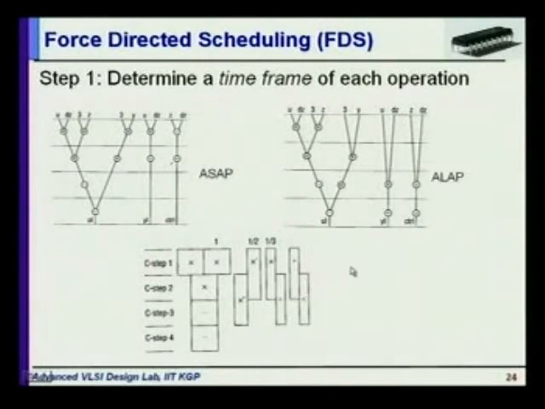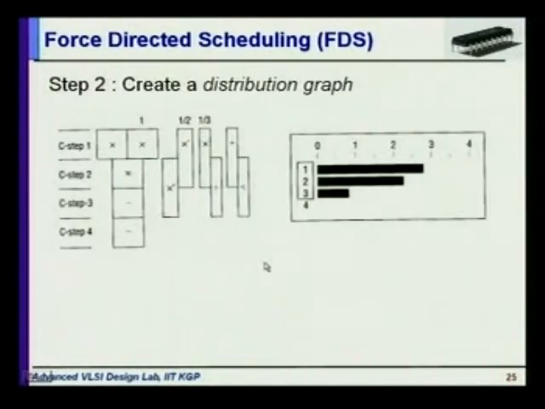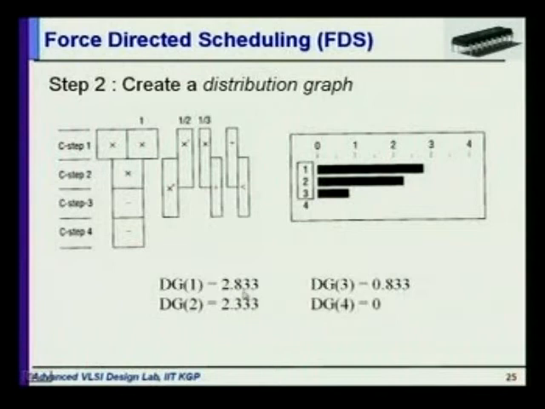You just sum up the priority of each operation in every control step. Like this operation goes in 2 control steps, so its priority is half, and this one has its time frame in 3 control steps, so its priority is 1/3 in control step 1. You calculate this and sum them.